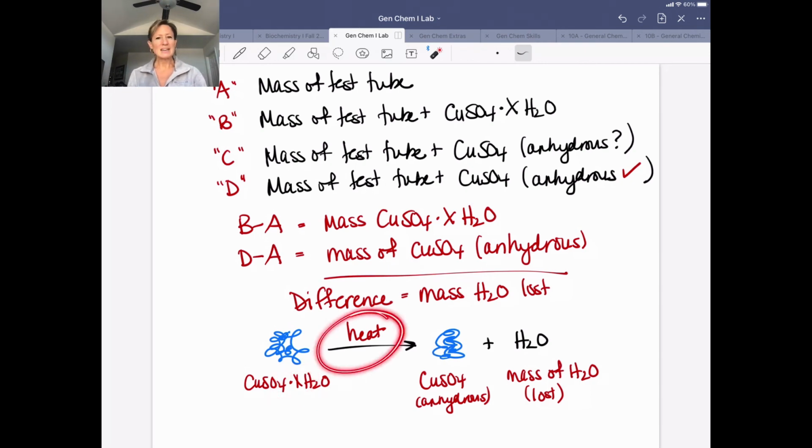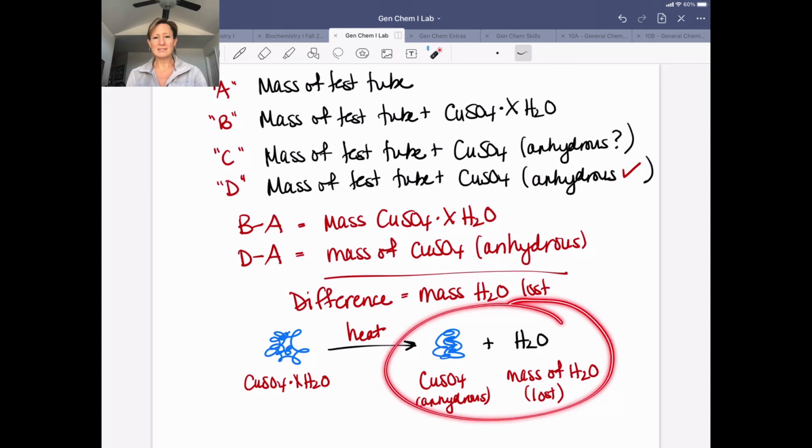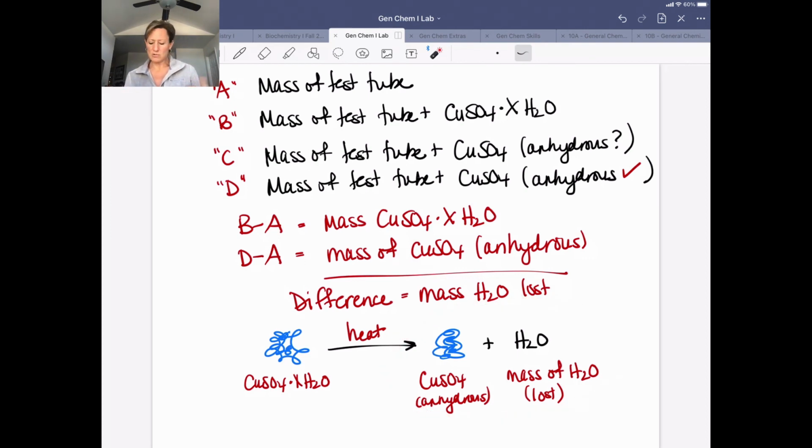So after we've heated it, and we've heated it to make sure that we've driven off all the water, we have an anhydrous salt of copper sulfate. Remember, this is not going to be blue in color. That's our indication that we've driven that water off. And so all of the water will have been lost.